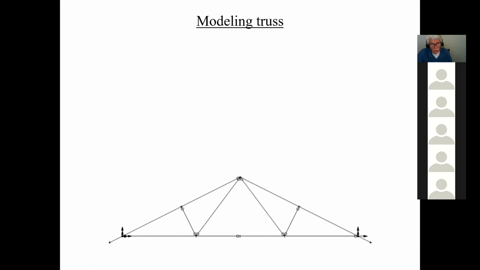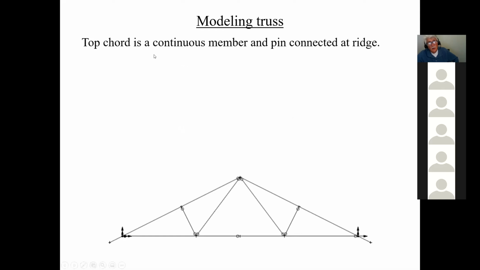Now, the way that the truss is modeled, okay, write this down, guys, because you're gonna need to do this with ADA. The top chord is a continuous member and pin connected at the ridges.